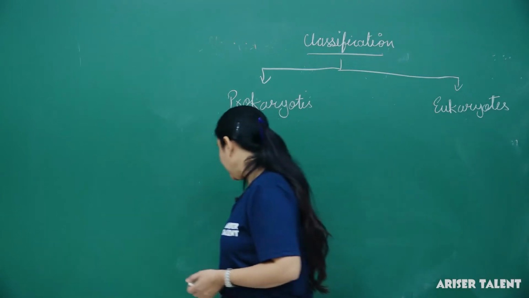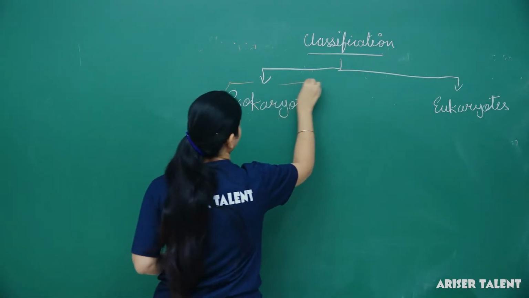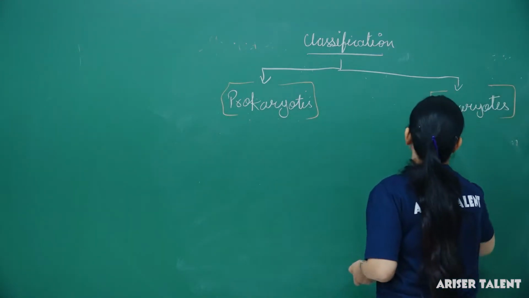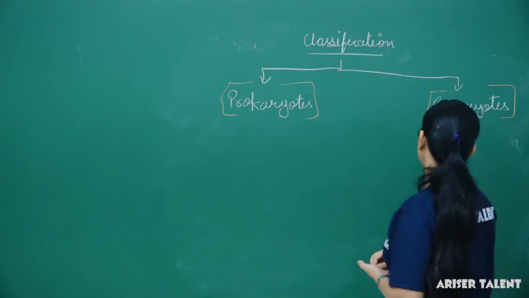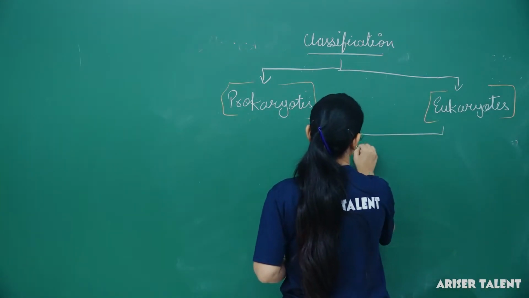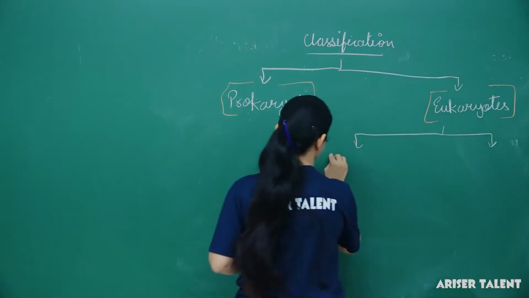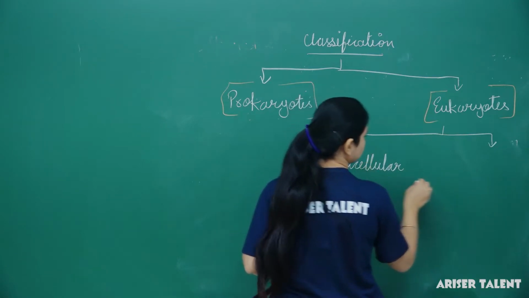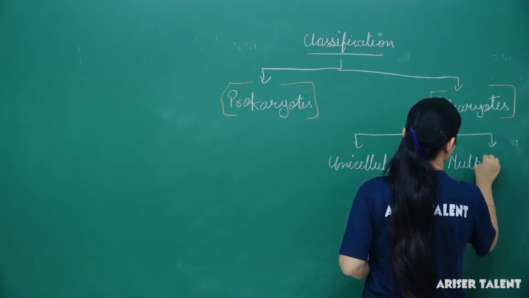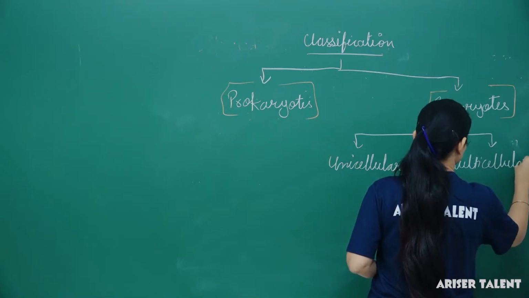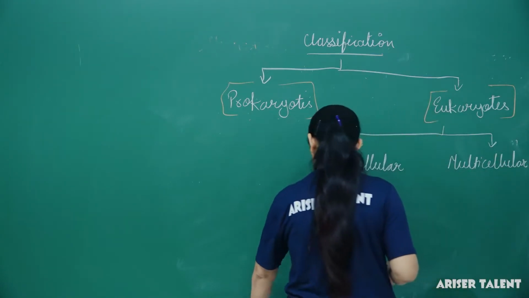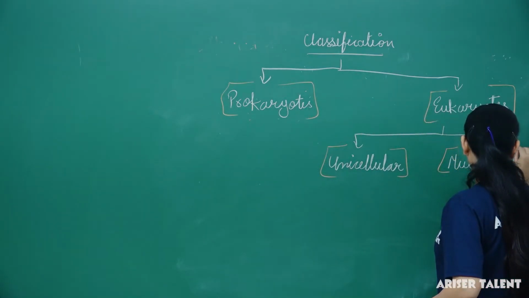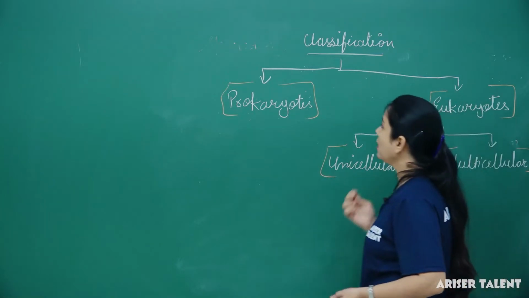Okay, what were prokaryotes? Prokaryotes means they do not have a nucleus or well-defined organs. Eukaryotes means they had a nucleus. Again, the eukaryotes were classified into two groups, unicellular and multicellular. Then on the basis of their functions, again they were classified into different groups.